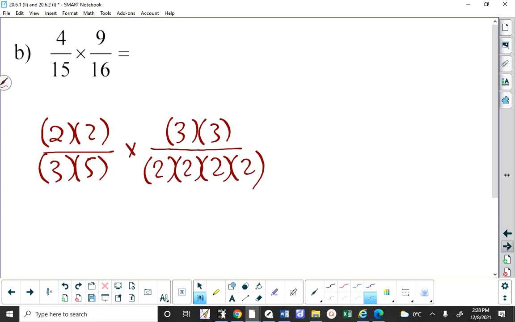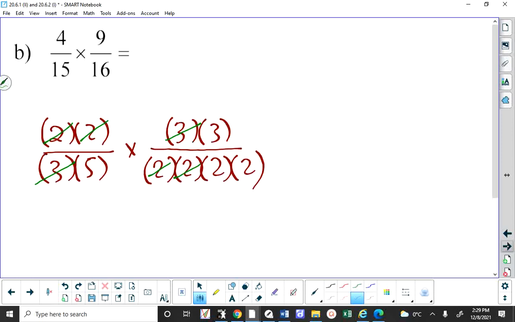But remember, if you did, you would still be allowed to cancel, as long as you cancel from somewhere on the top and somewhere on the bottom, as long as you're multiplying. No other case. You have to be multiplying. We have a 2 here, a 2 here. We have another 2 here, another 2 here.